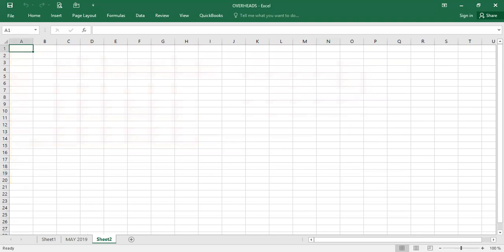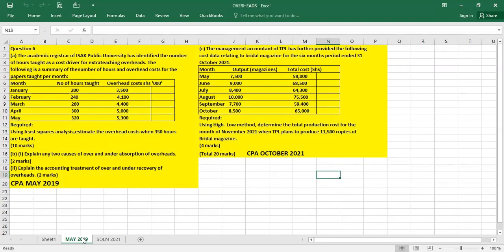Go to solutions. This is solution 2021. So what I want you to get in mind, if you are using the high-low method, we said we compare the highest activity level and the lowest activity level.